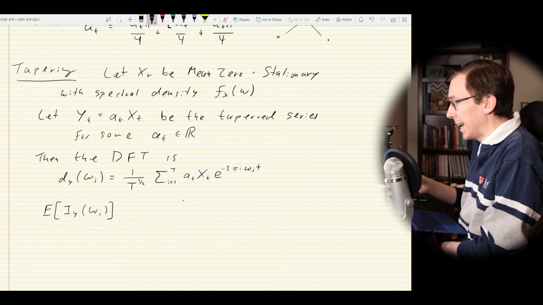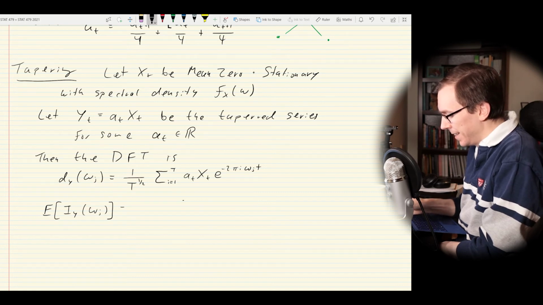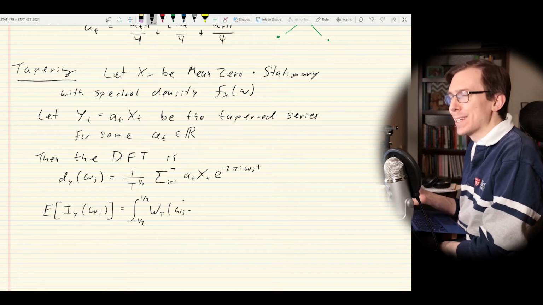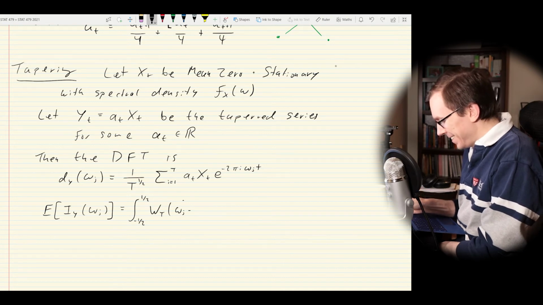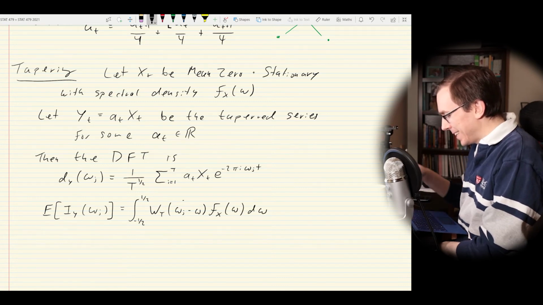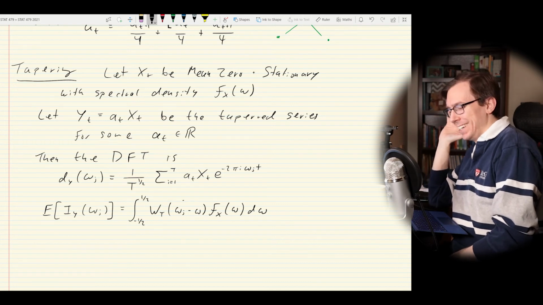We don't have an unbiased estimator. Instead, we are integrating from minus 1/2 to plus 1/2 of W_T of omega_j minus omega, f_x of omega d omega. Okay, a lot of omegas.